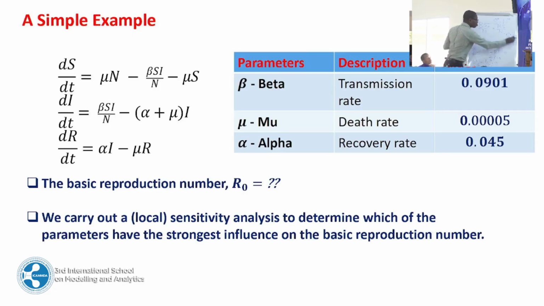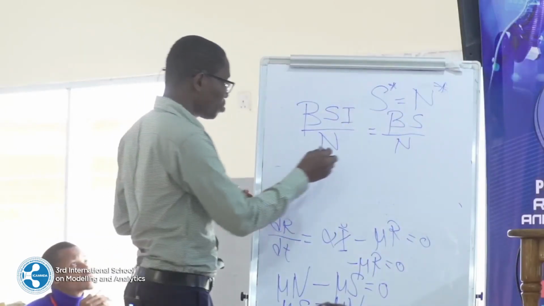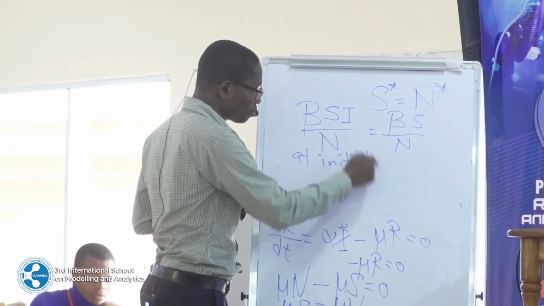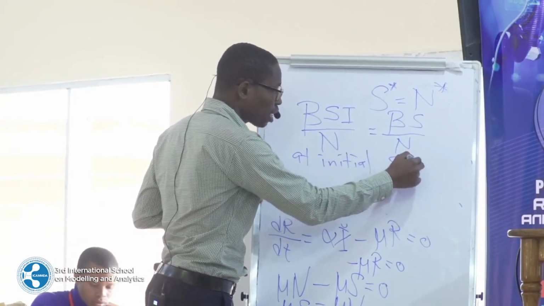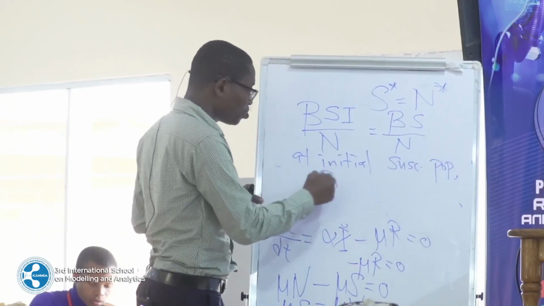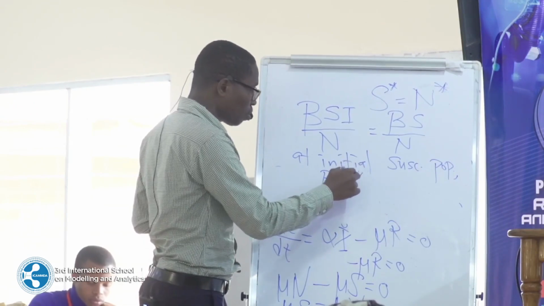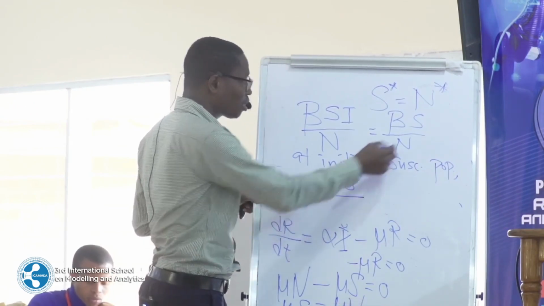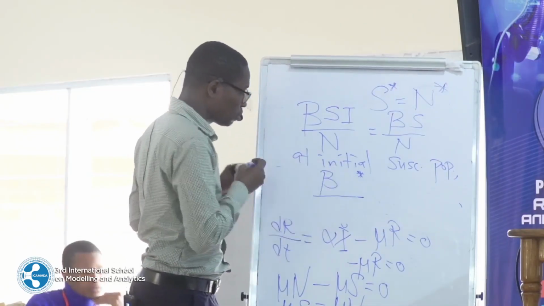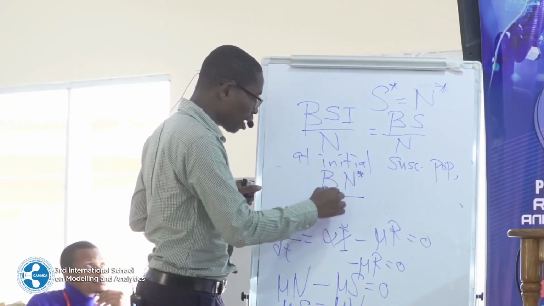At the initial susceptible population, beta S star over N star.